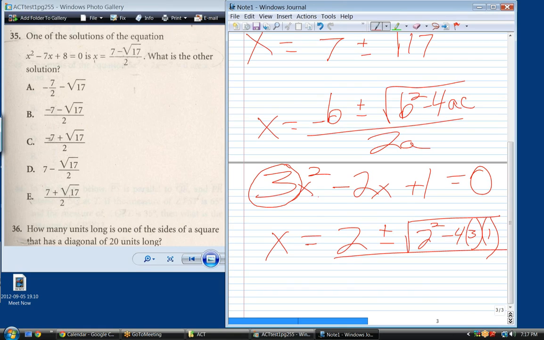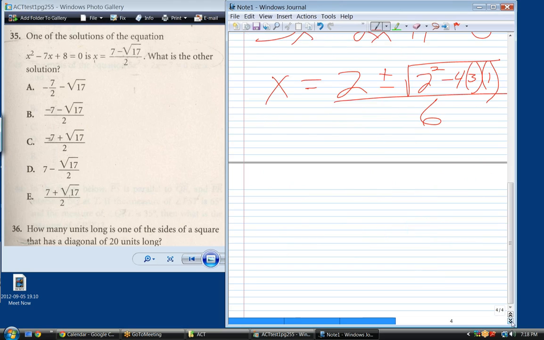Again 2a. The coefficient of the x squared term is always a. B is always the coefficient of the x term, and c is always the constant. So it would be over 6. Now if we try to simplify that, we get x equals 2 plus or minus the square root of 4 minus 12, which is negative 8, all over 6.